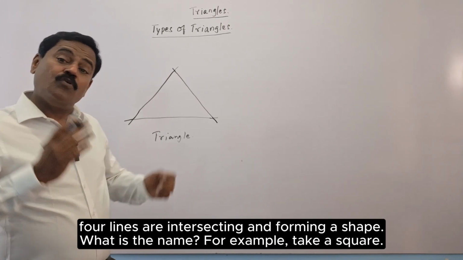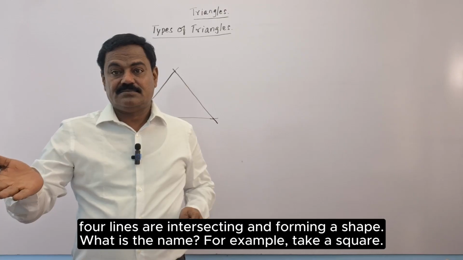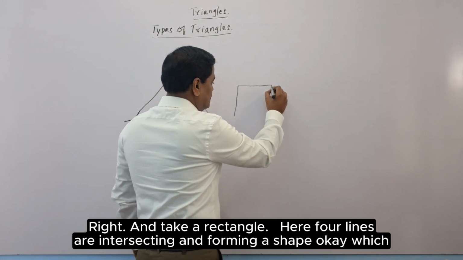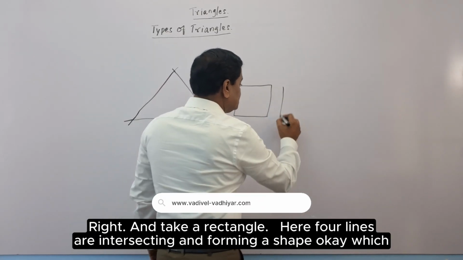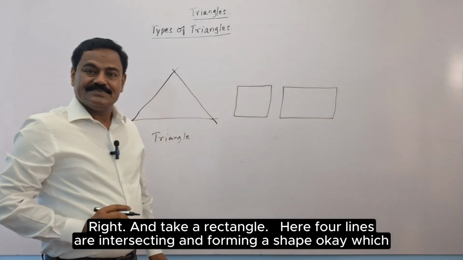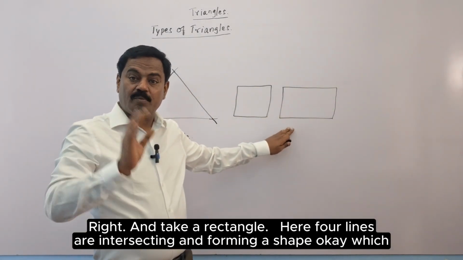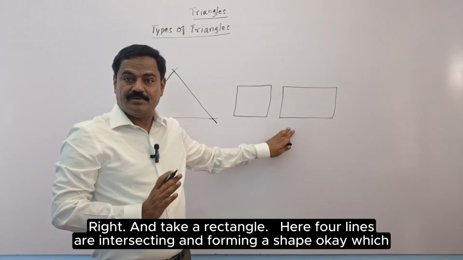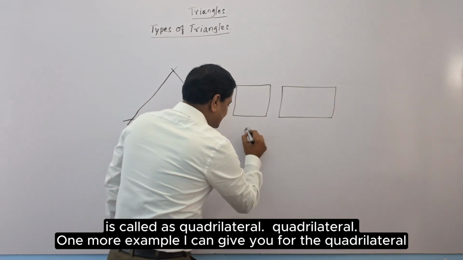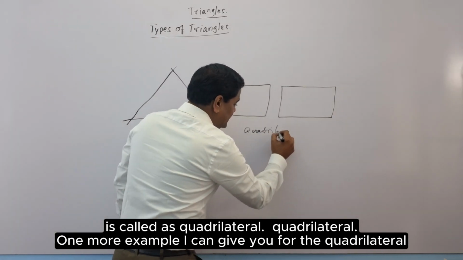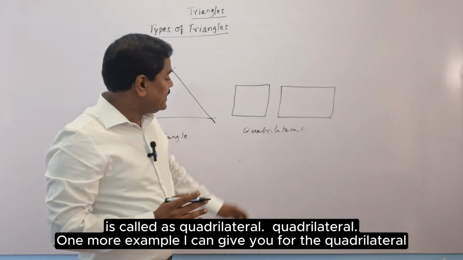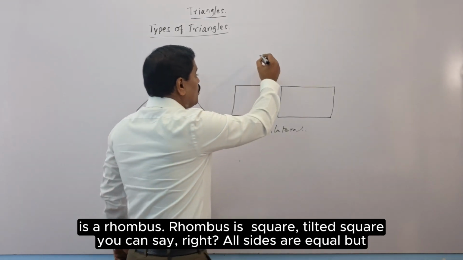So four lines are intersecting and forming a shape. What is the name? For example, take a square and a rectangle. Here four lines are intersecting and forming a shape, which is called a quadrilateral. One more example for the quadrilateral is a rhombus.